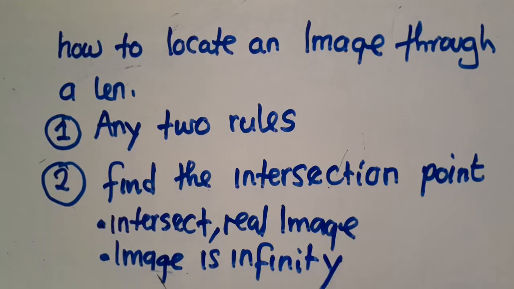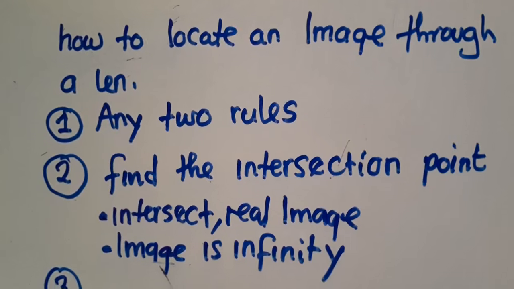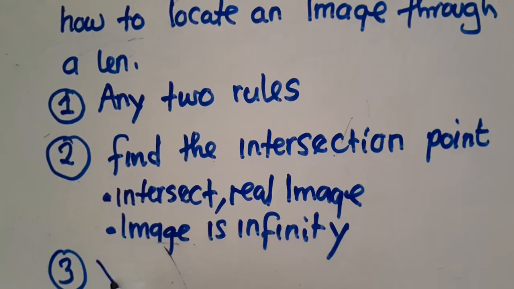And the other point is that if the refracted rays extend behind the object and the extended lines intersect at any point, then the image is virtual. This is what you need to know and understand.